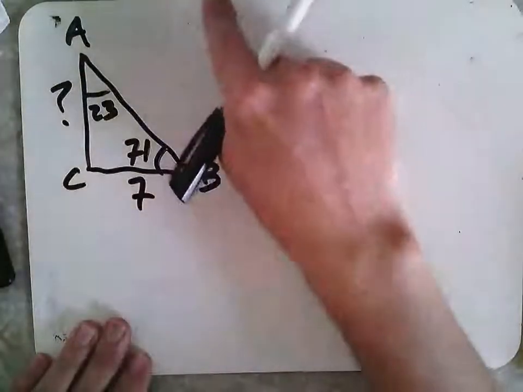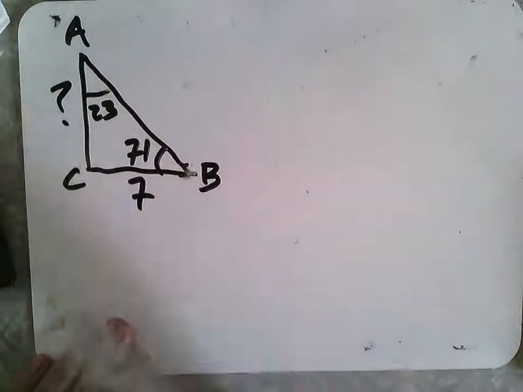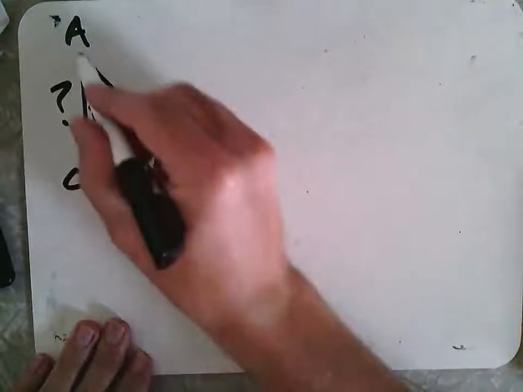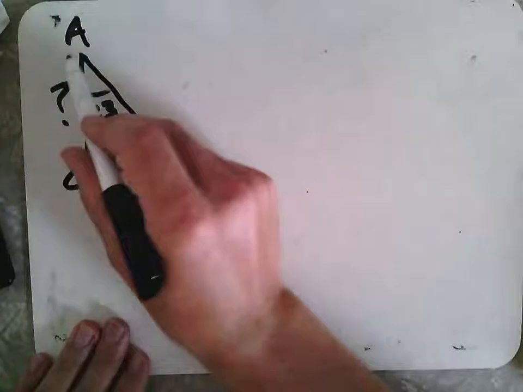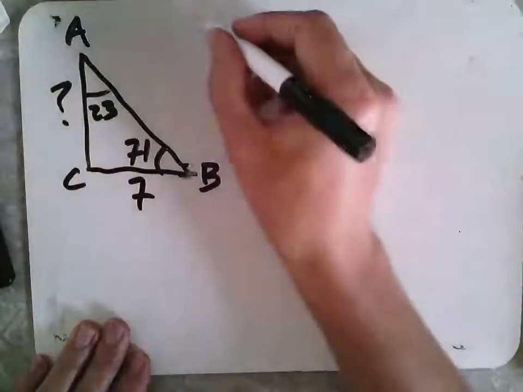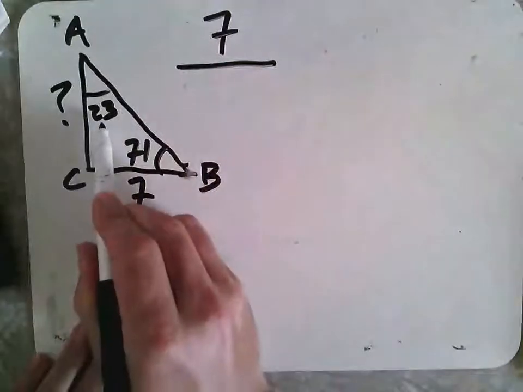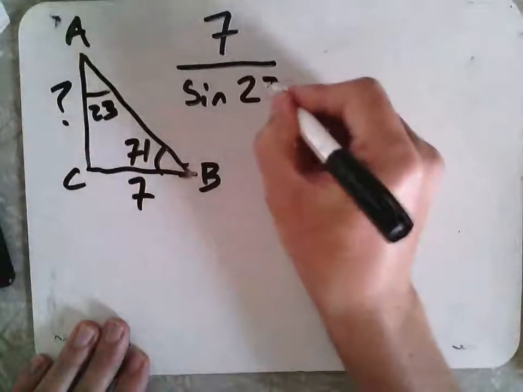Okay? So the way we set this up, we know that the ratio is the same between all the sides. So I really just set this up: the side little a across from angle A. So I have 7 divided by the sine of the angle across from it, sine of 23.